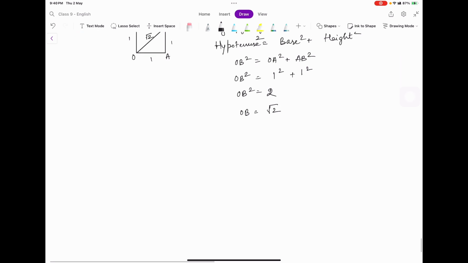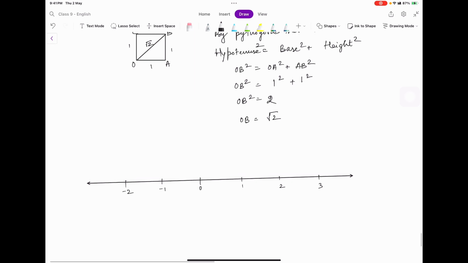Now with that same thing, you make a number line. There is 0, there is 1, there is 2, there is 3, and so on. This is -1, -2, likewise.